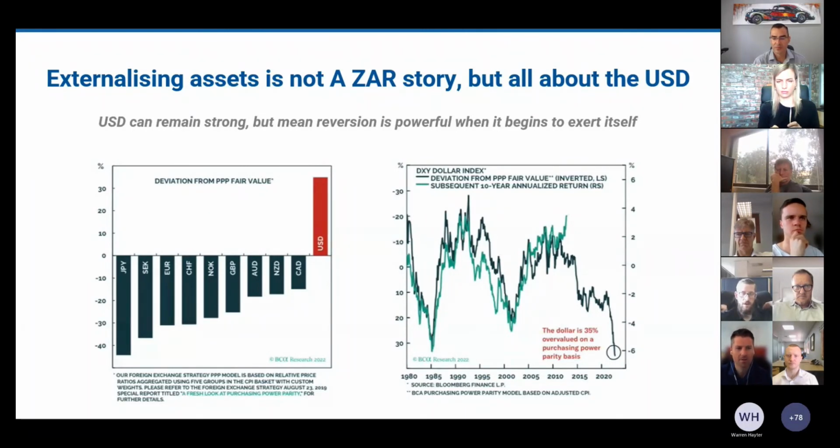The next few months will be highly data dependent, but over the next, call it 12 months, 24 months, you would most likely see the dollar starting to roll over as a lot of these issues, high inflation, hiking interest rates, start coming through and the market starts seeing through them. We could start to see the dollar weakening against a basket of hard currencies, but also potentially against the rand.